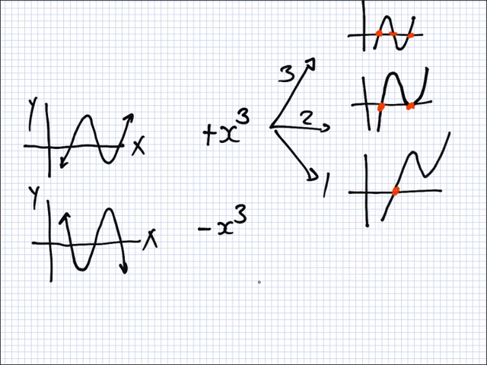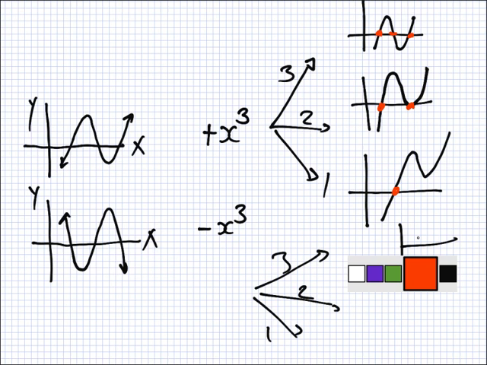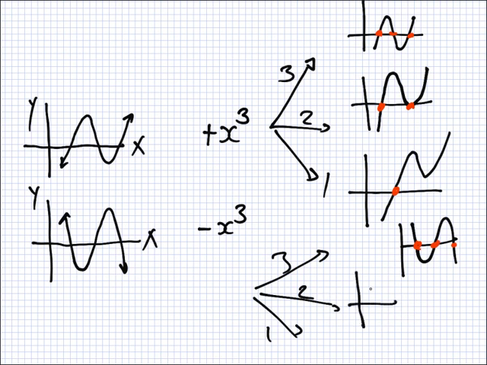Now the same picture happens here as well: 3, 2, and 1, except it's just upside down. So 3 would look like this. Down, up, down. 1, 2, 3. And 2 would look like this. Down, up, down.